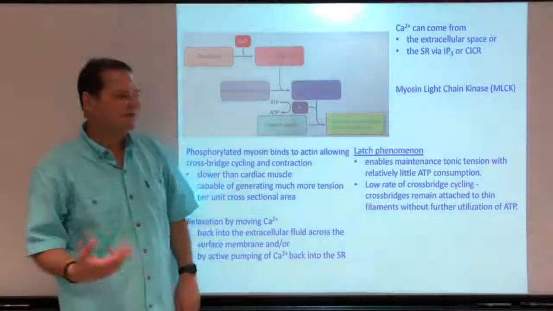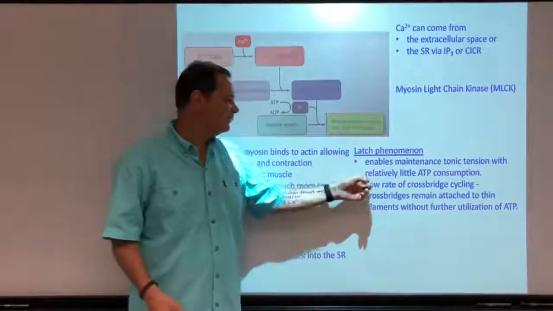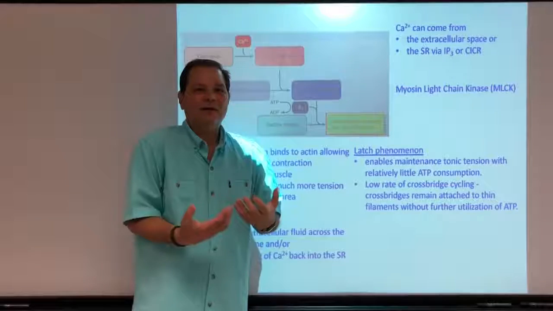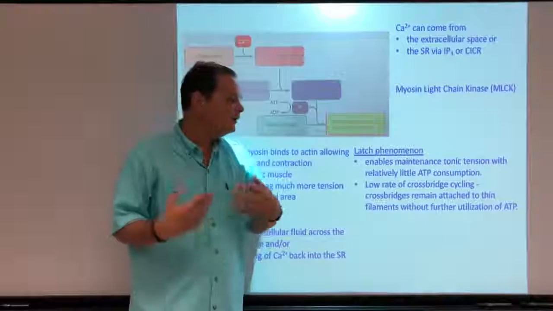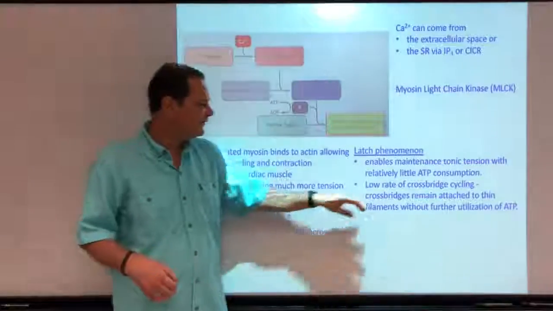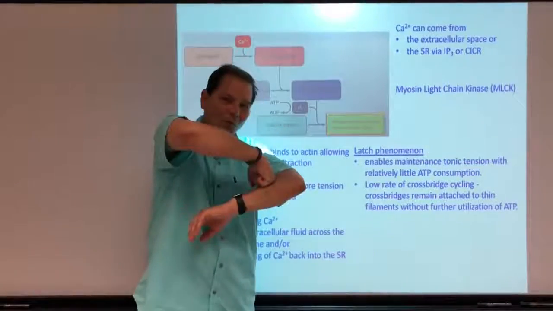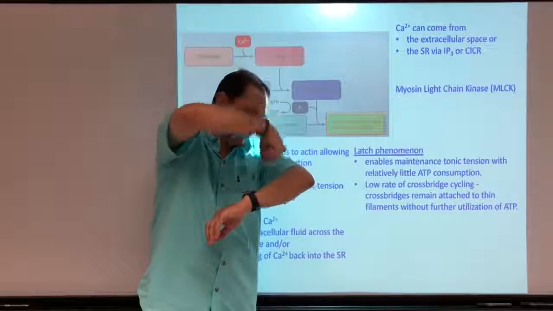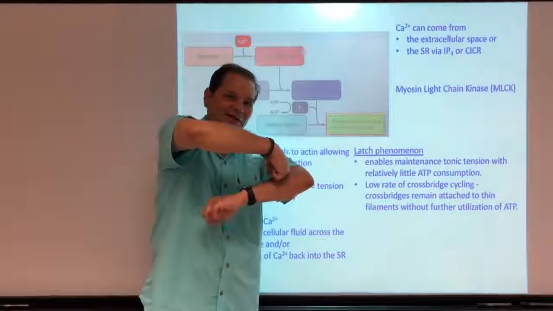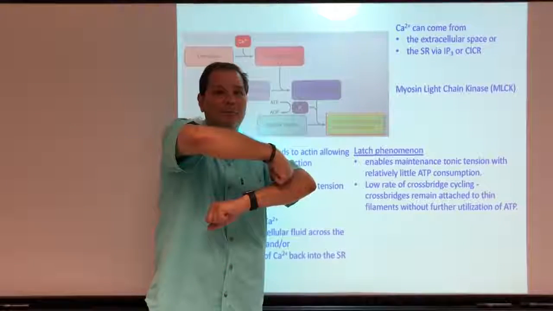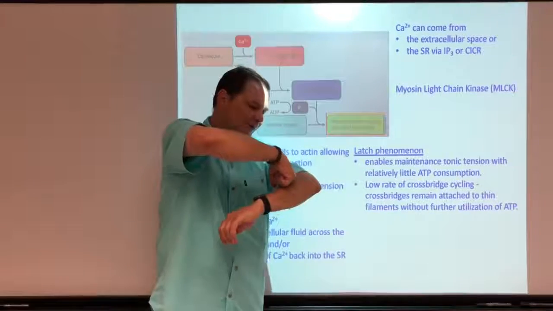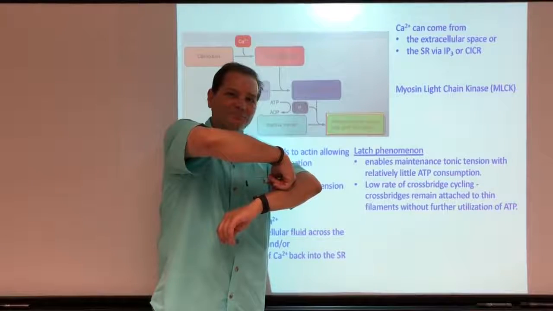And essentially this is the state of the smooth muscle where ATP is being consumed, but it's being consumed at a low rate. So you have a low rate of cross-bridge cycling. And what that means is that cross-bridges form, that is, the myosin head binds to the actin, and it stays bound for longer when you're in this latch state.